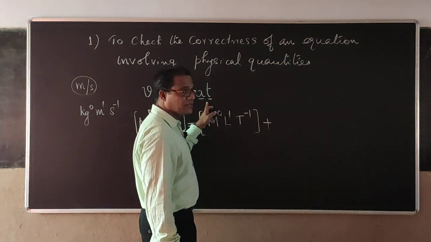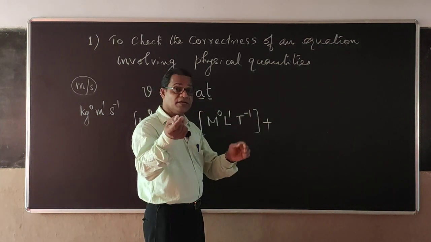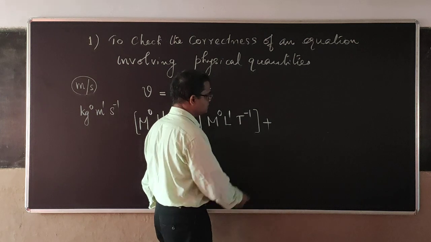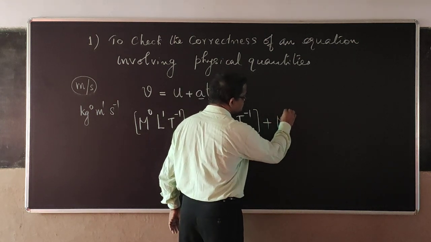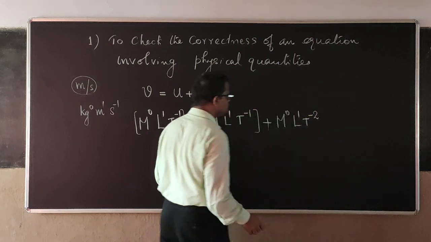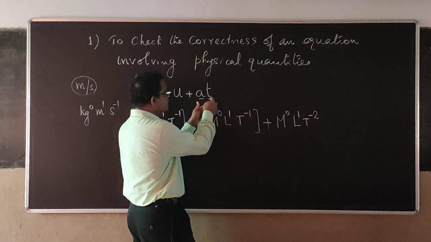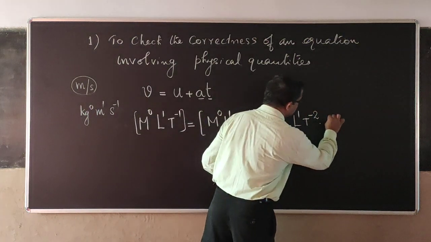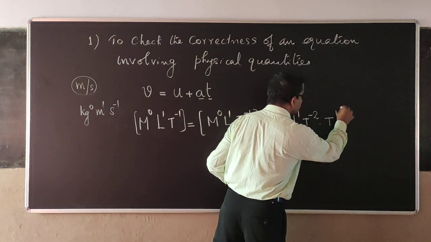what is coming here? Acceleration, meter per second square. Then it becomes M^0 L^1 T^-2 for acceleration. Then time, T^1.